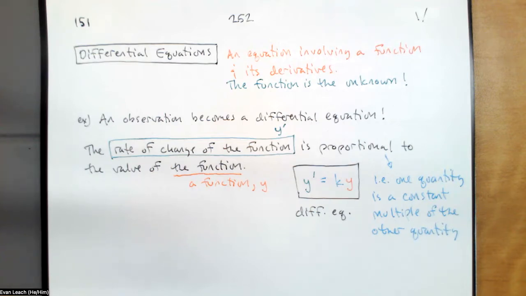So when we say the rate of change of the function is proportional to the value of the function, we're saying that y prime, that's the rate of change of y, is some constant times y, which is our function. If the value of y doubles, then the rate at which y will grow doubles.